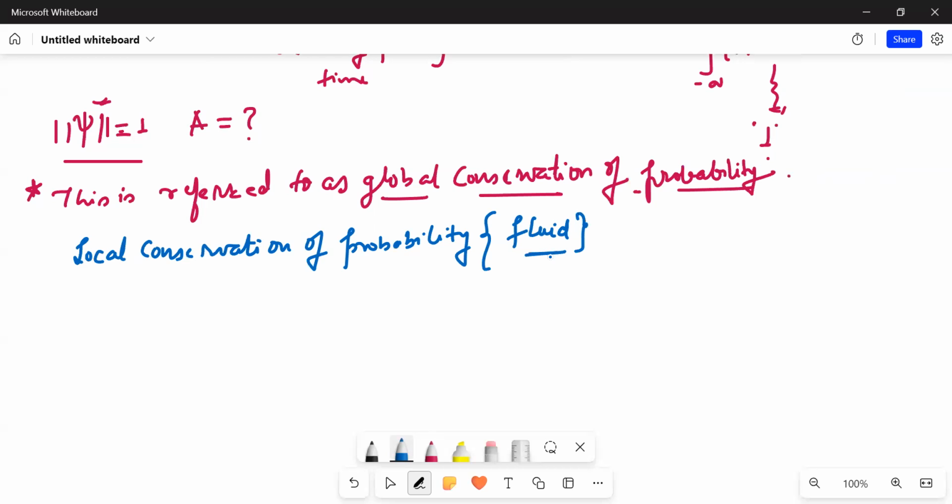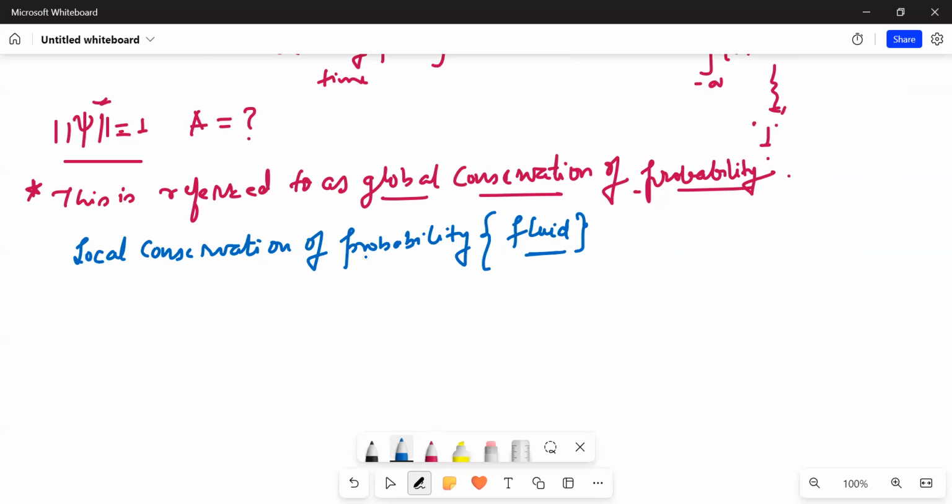And as I go along, I'll show that the famous equation of continuity, which is in fluid, appears exactly when we investigate this conservation of probability further.